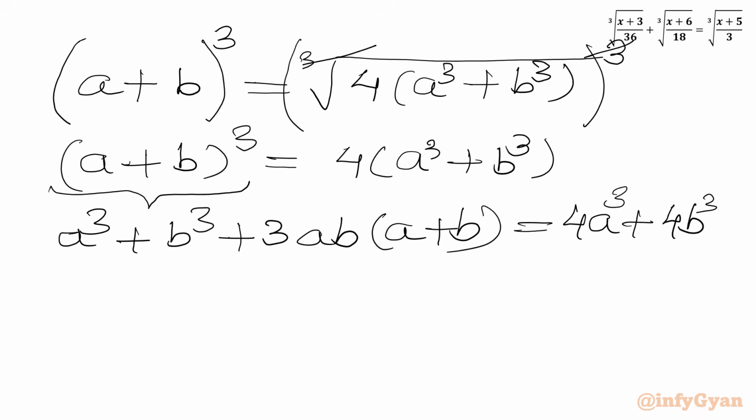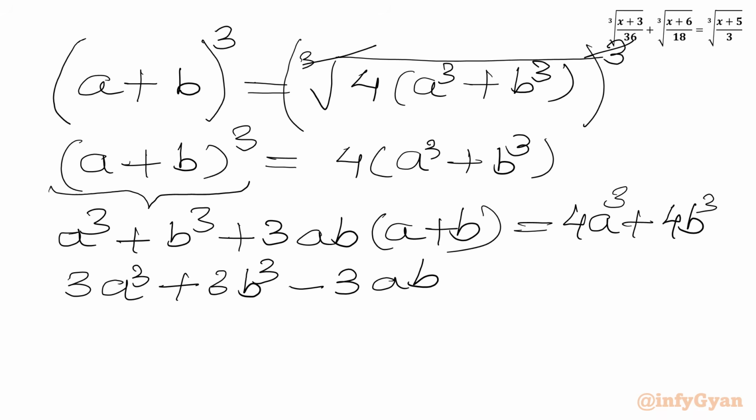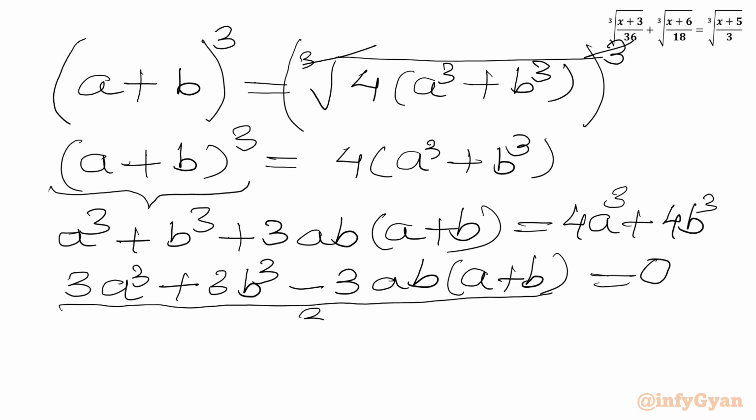Now I will take all the terms to RHS. So 4a cube minus a cube, we can write 3a cube. 4b cube minus b cube, we can write plus 3b cube. Then I will write minus 3 times ab, a plus b equal to 0. Now the equation is divisible by 3. Let's divide both sides by 3.